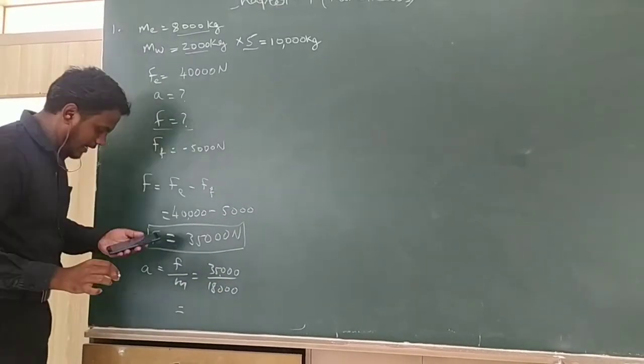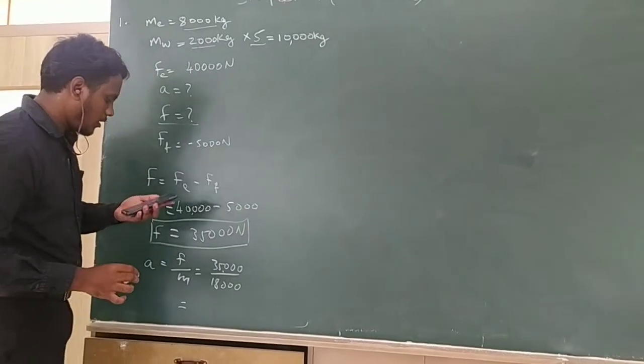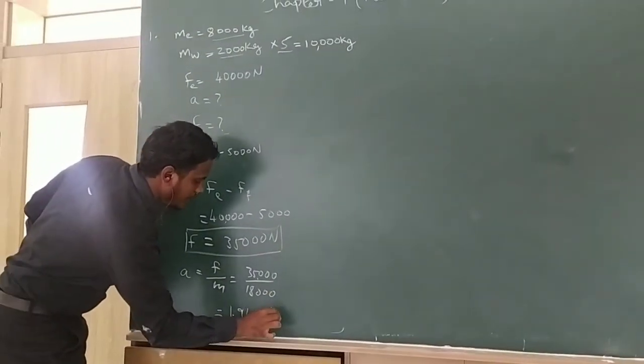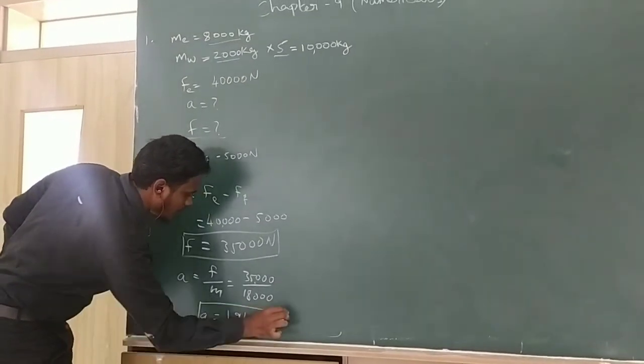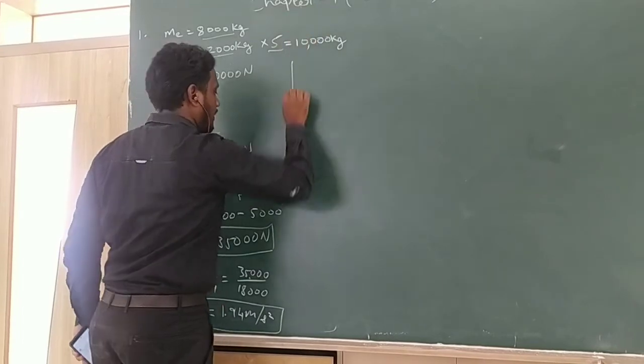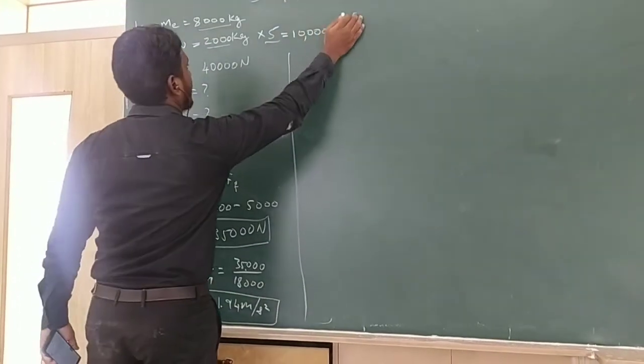So 35,000 by 18,000 gives 1.94 meter per second square. This will be the acceleration of the train. That's it.